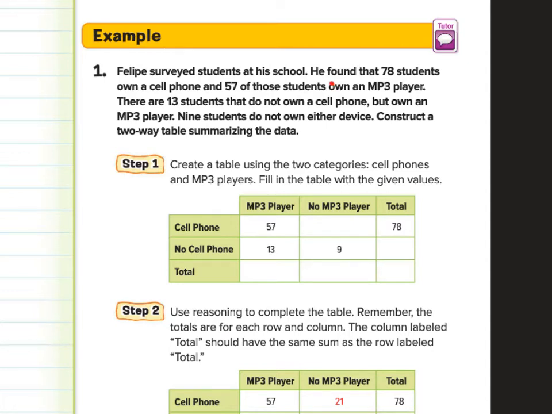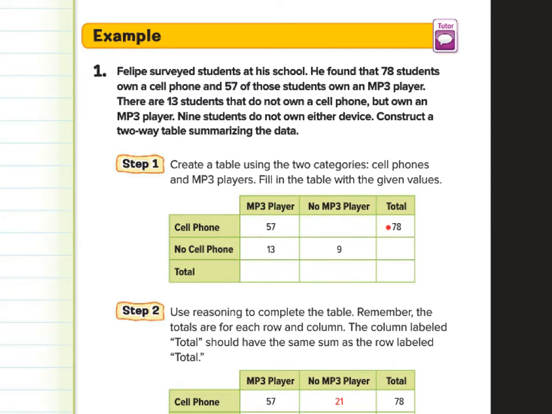And we are told that 78 students own a cell phone. So 78 students own a cell phone, and 57 of those students own an MP3 player. So MP3 players and cell phones are 57. Okay, 57 students own both, right?